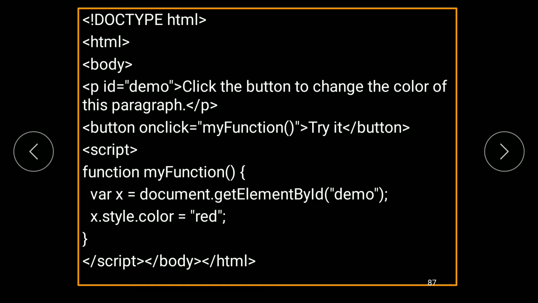So here you can see I am adding one button, and on that button the onclick event is fired, and on that onclick event I am going to call one function whose name is myFunction. Okay, this is nothing but the function call. I repeat it again and again because this is new for you.